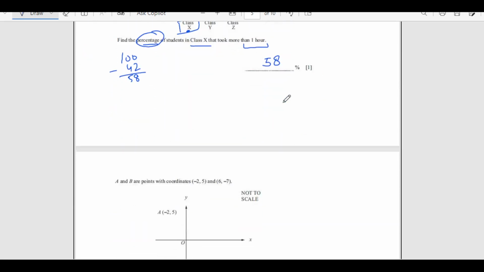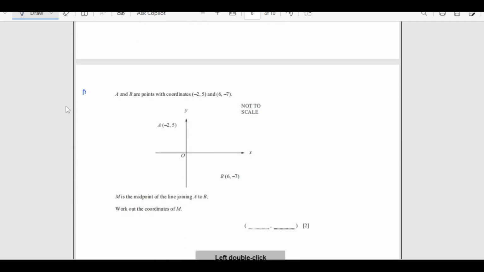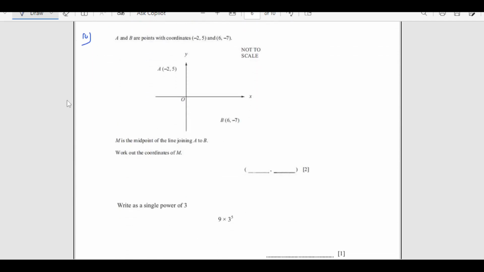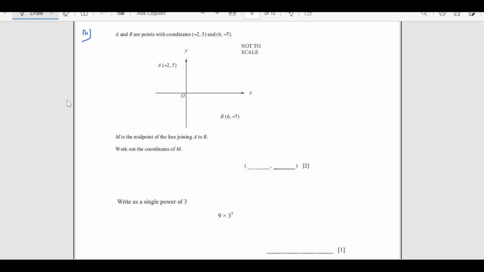Now next one, here we have A and B, points with the given coordinates. M is the midpoint of the line joining A to B. Work out the coordinates of M. So this is your A and this is your B, right? We are looking for the midpoint. So you add the x coordinates, -2 plus 6 over 2, then 5 plus -7 over 2.